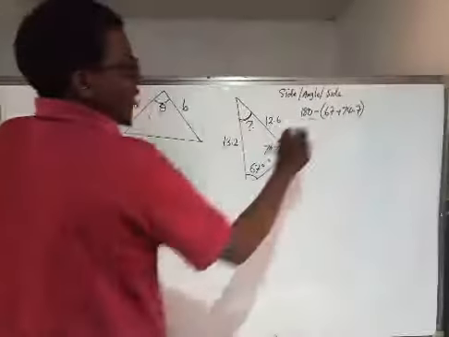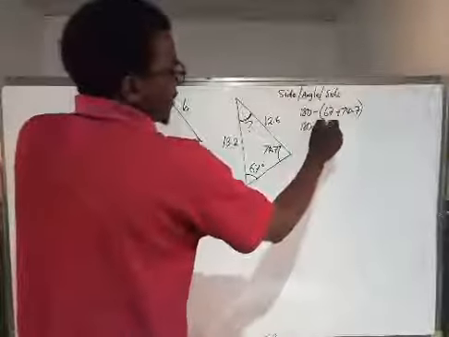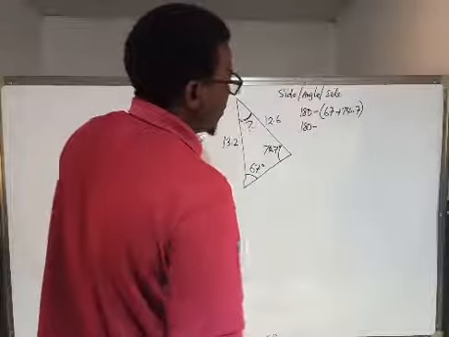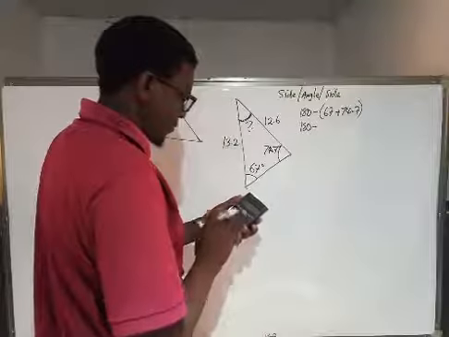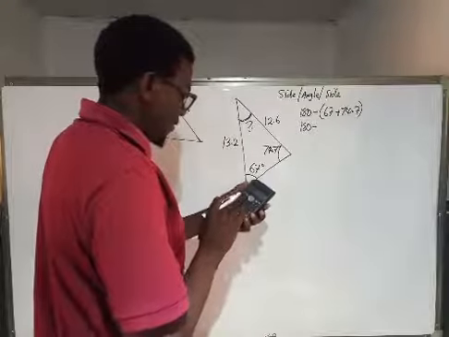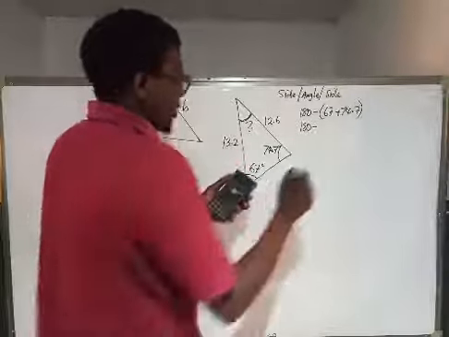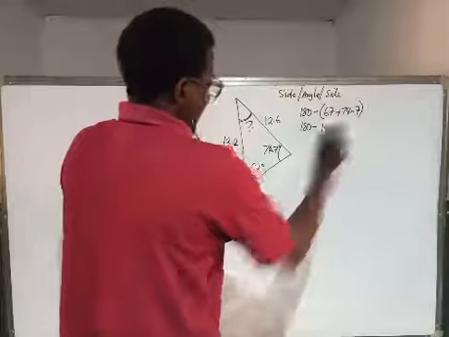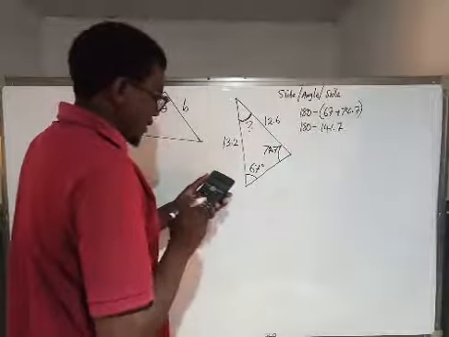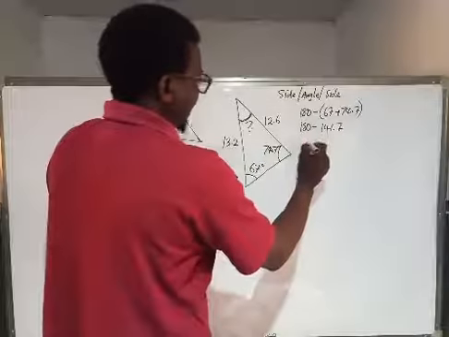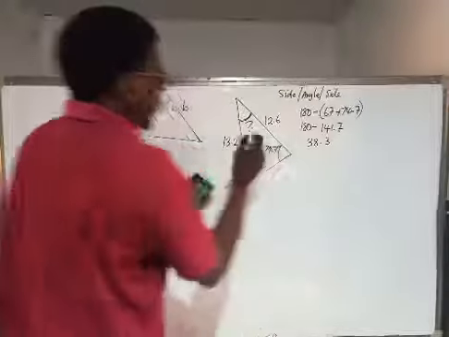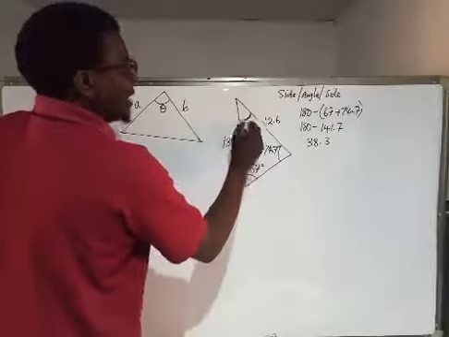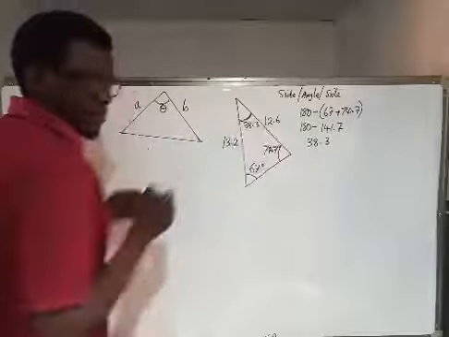When we add these two, 67 add 74.7 gives us 141.7. Subtract it from 180, our answer will be 38.3. So our first step is to find this angle here, and the angle here is 38.3.